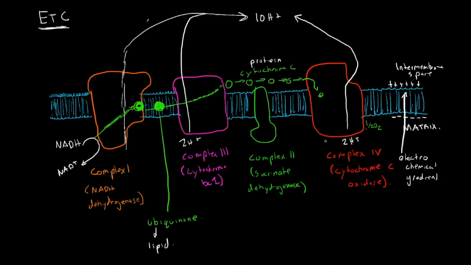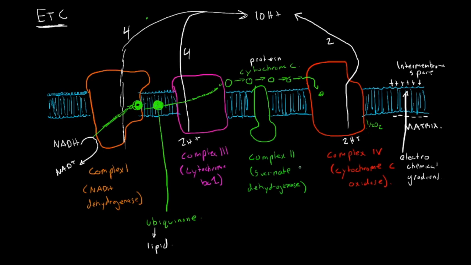With each redox reaction, you get a little bit of energy that is used to pump hydrogen ions. So in complex 1 here, you get 4. I'm going to draw this in white. You get 4. Complex 3, you also get 4. And then in complex 4, you get 2.